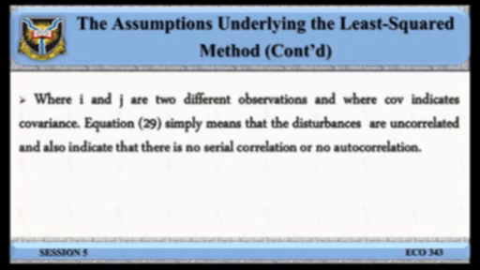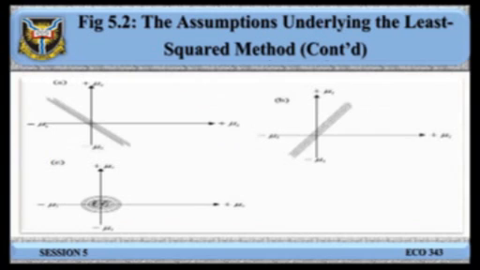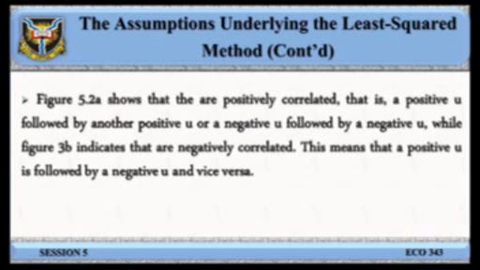That is, given xi, the deviations of any two y values from their mean value do not show the patterns as those in figure 5.2a and 5.2b. Figure 5.2a shows that the u's are positively correlated, that is, a positive u followed by another positive u, or a negative u followed by a negative u, while figure 5.2b indicates that the u's are negatively correlated.